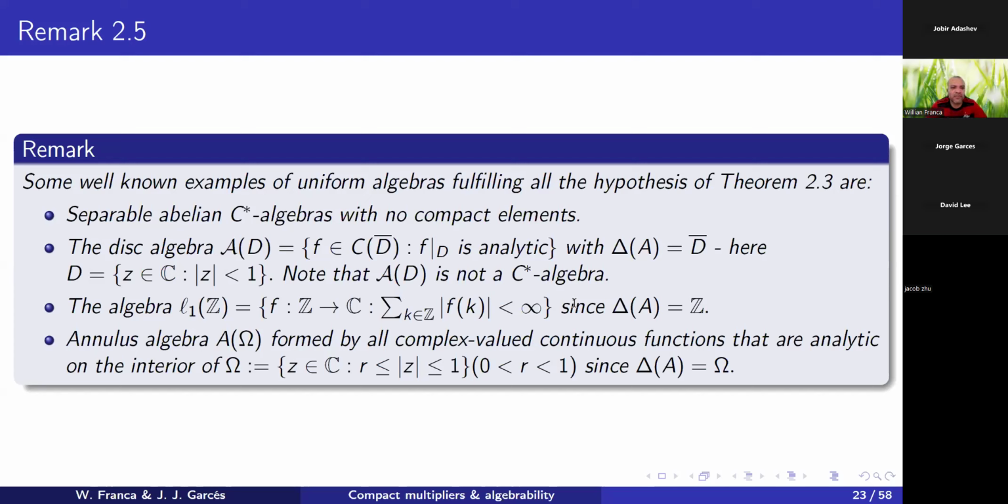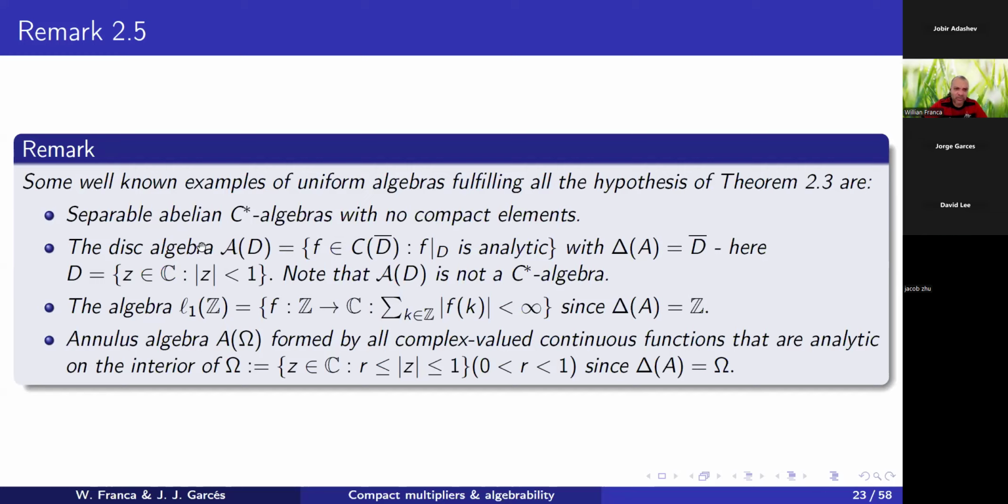If you want to make your life simpler, you may assume that your algebra is unital. If it's unital, your abelian C-star algebra is C(K) with K compact. Now you assume that K has no isolated points. So you have a bunch of examples of structures fulfilling the conditions.